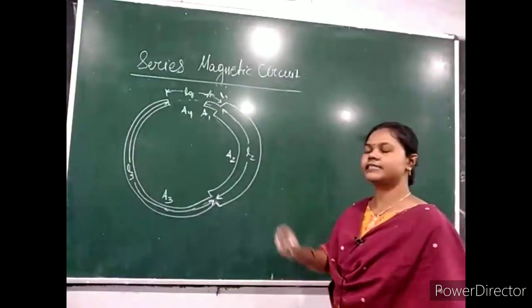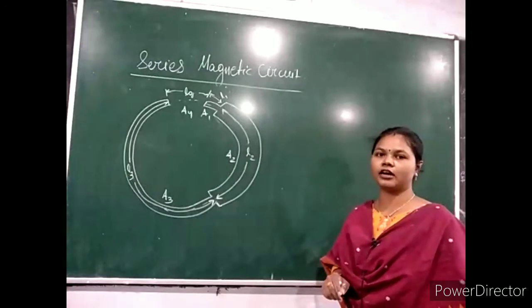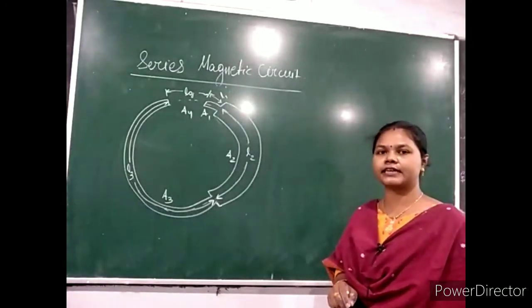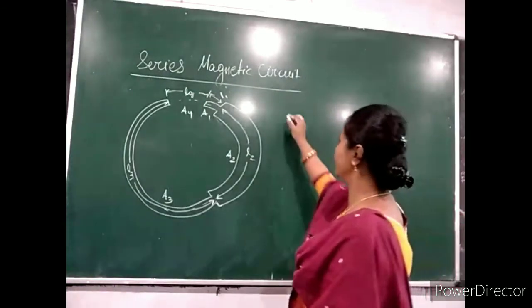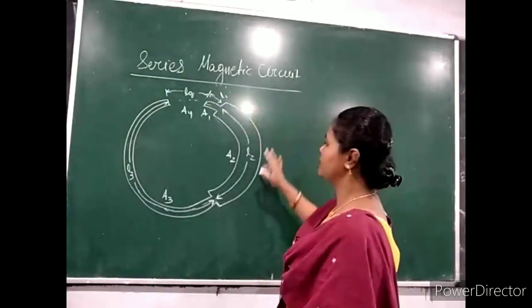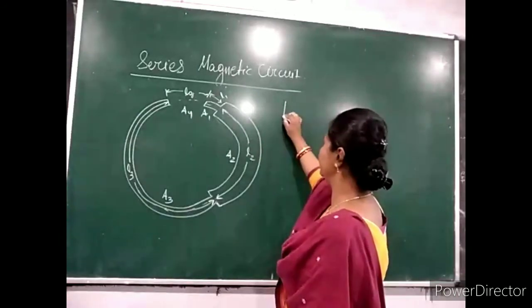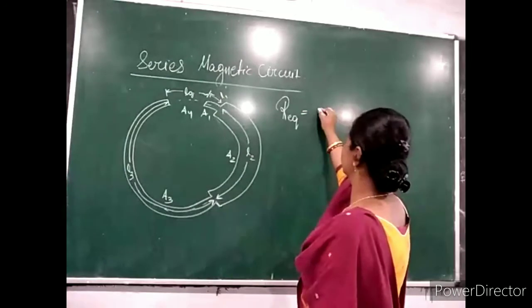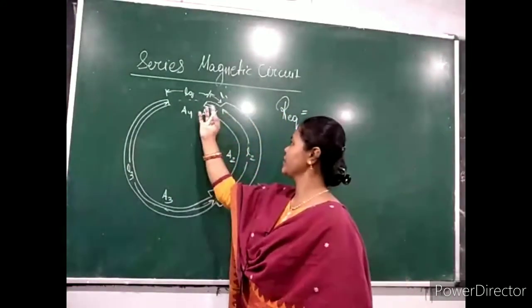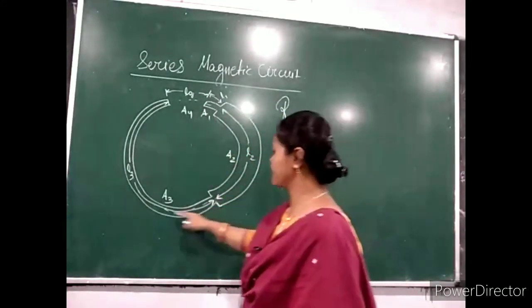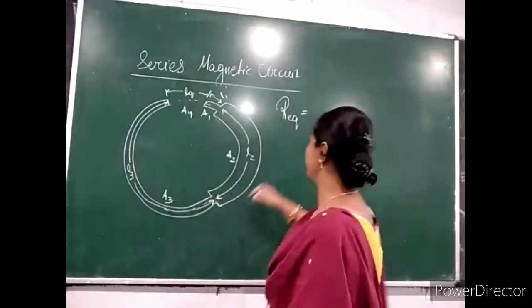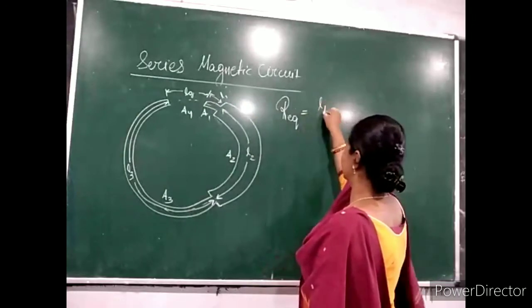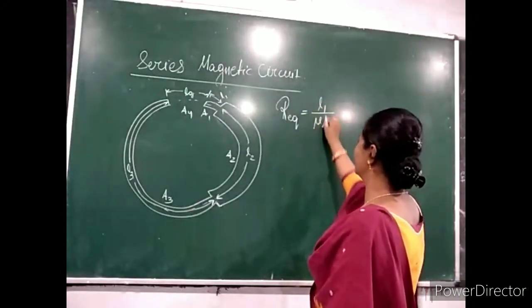So in this type of circuit, how do you calculate the total reluctance of the magnetic circuit? First you find the reluctance of each path, then you find the total reluctance. Total reluctance is the reluctance of this path plus this path plus this path plus the air gap. The reluctance of this path is L1 by mu A1.